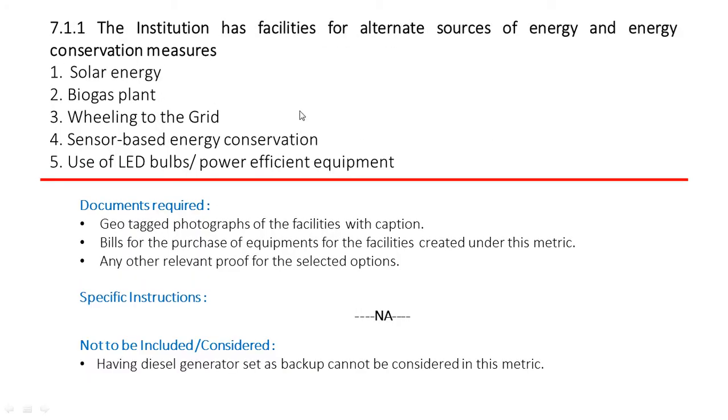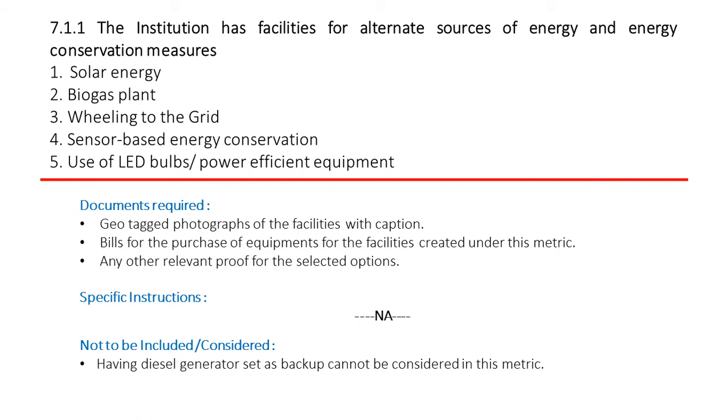The documents required for verification of data in this metric are geotagged photographs of the facilities with caption, bills for the purchase of equipment for the facilities created under this metric, and any other relevant proof for the selected options. What will not be considered by DVV is just having a diesel generator set as backup, which cannot be considered in this metric.